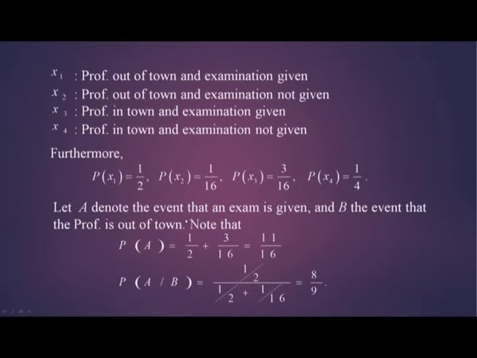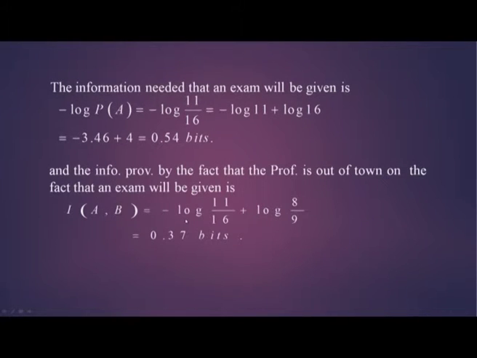Now, what about probability of A given B? That we have already found, that is 8 by 9. So, it will be log 8 by 9, and that is why the resulting value will be 0.37 bits.